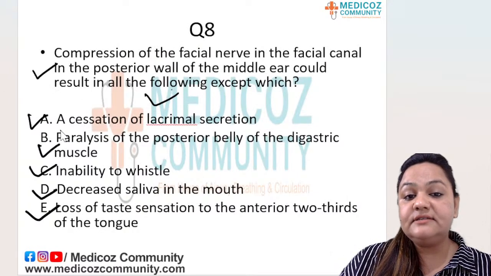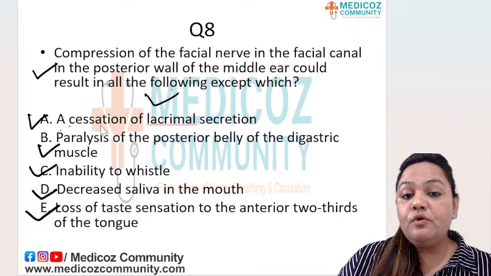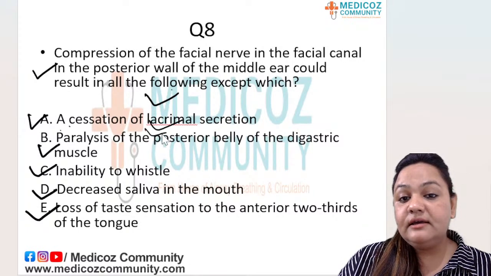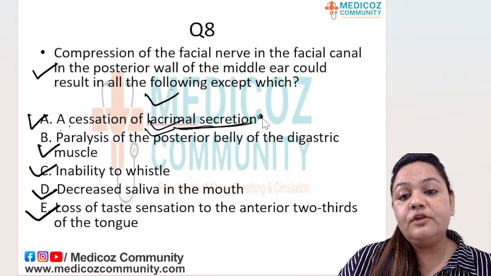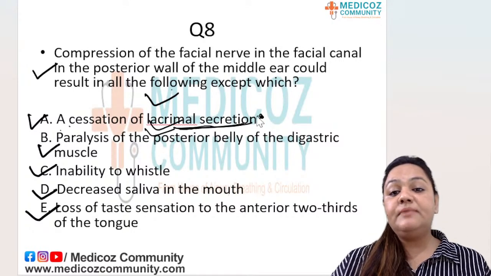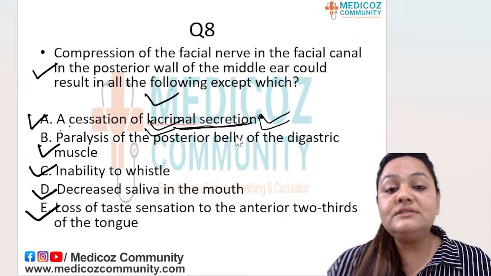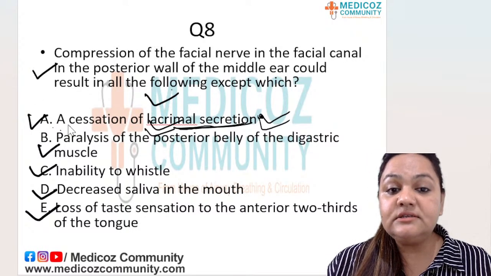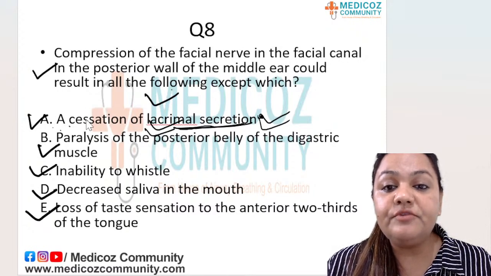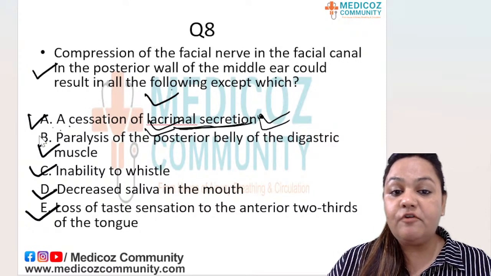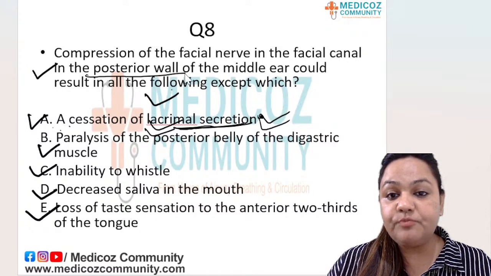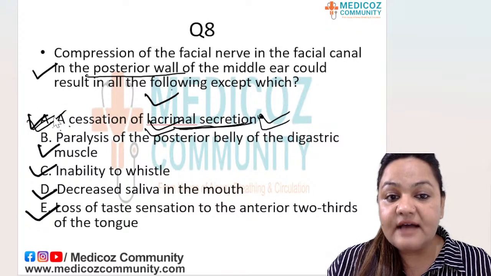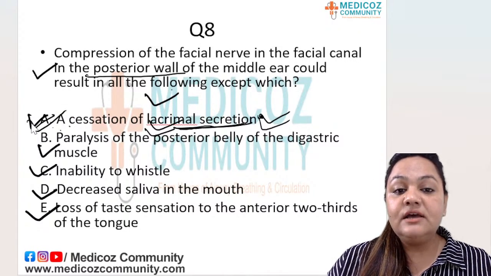Option A, there will be no secretion through the lacrimal gland. No, it cannot be, because there will be normal secretion from the lacrimal gland, as it is a branch arising from the facial nerve on its medial wall, and we have an injury to its posterior wall. So this is the answer here, option A.